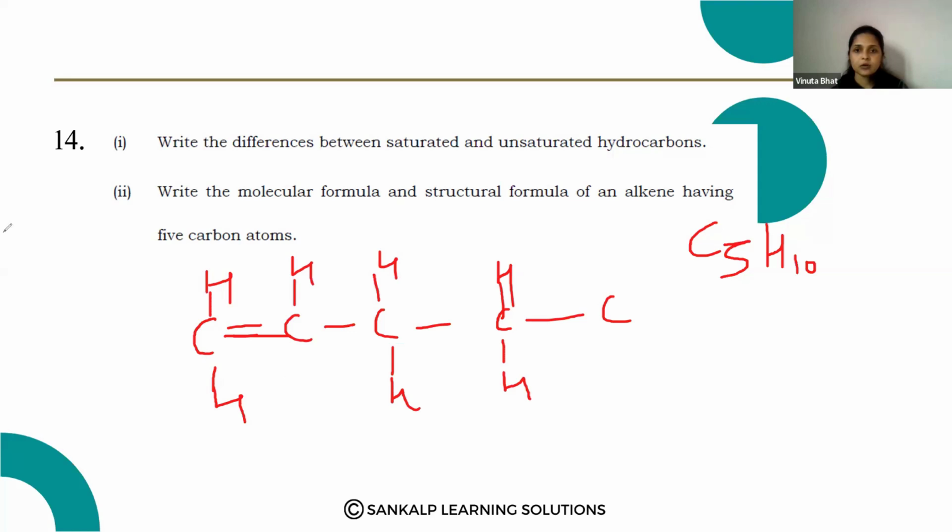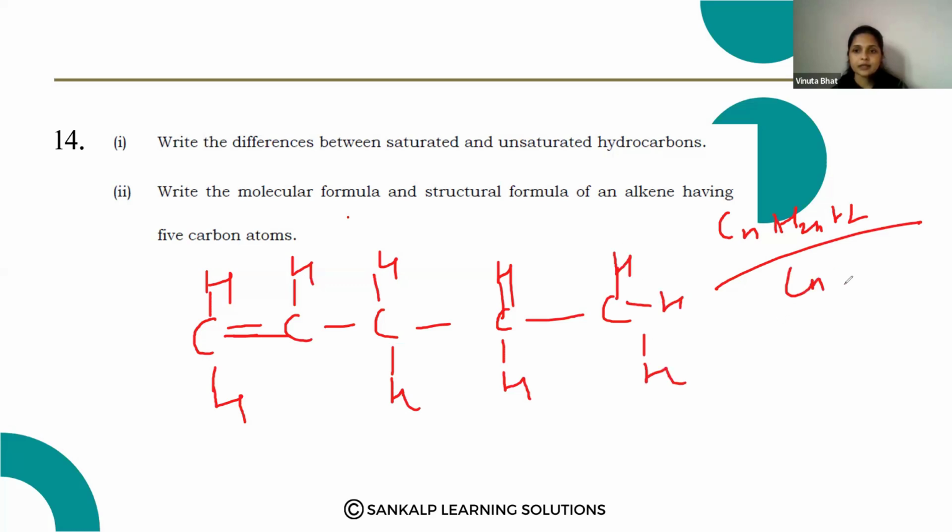Okay, alkene. What is the general formula of the alkene? CnH2n plus 2 is the formula of the alkane. For alkene it is CnH2n. So C5H10 is the formula of pentene.